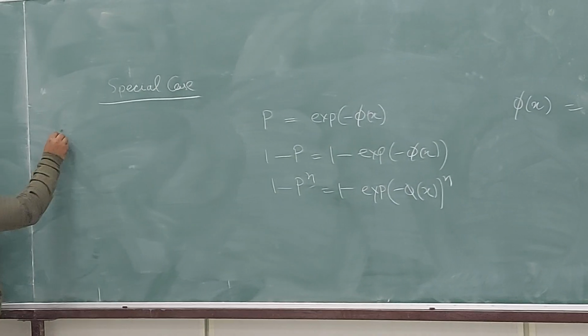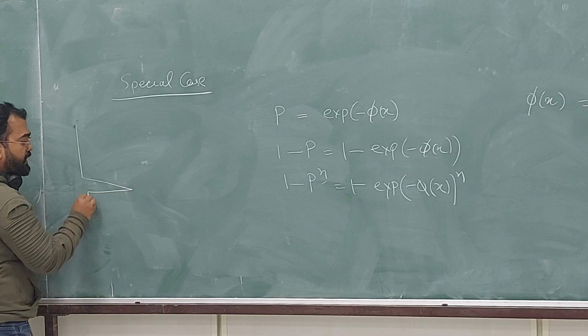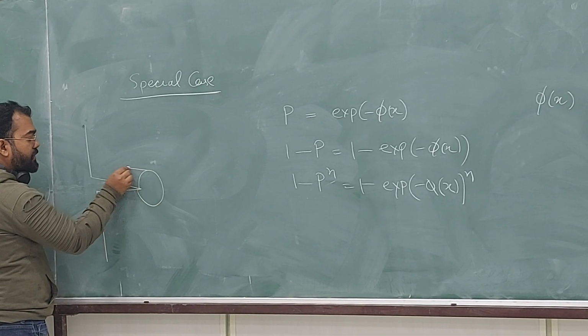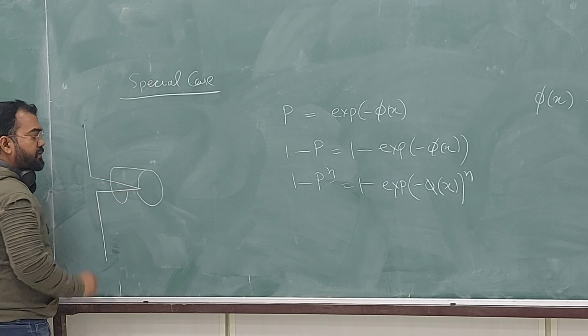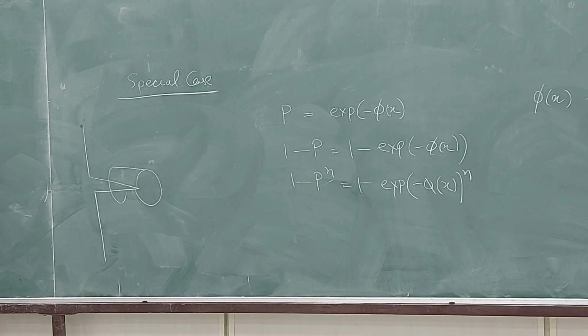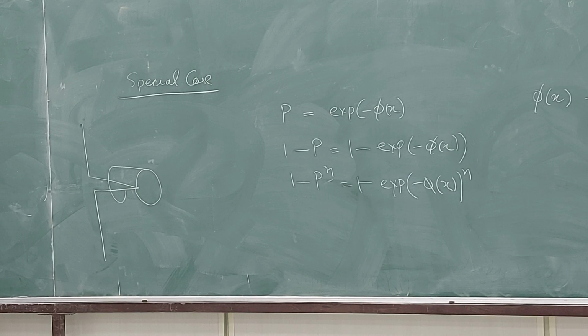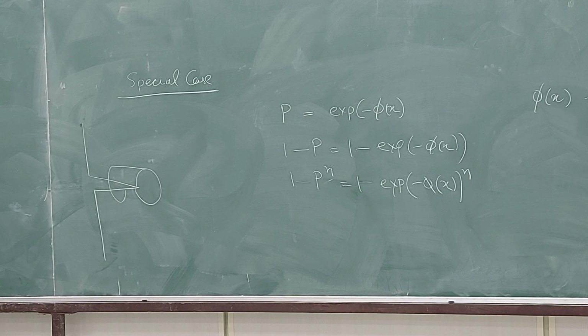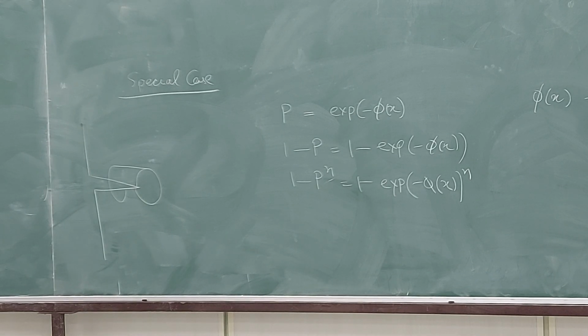So, in a brittle material, it is assumed that the fracture, so the first assumption is that fracture can happen only after plastic deformation. There must be some amount of plastic deformation.